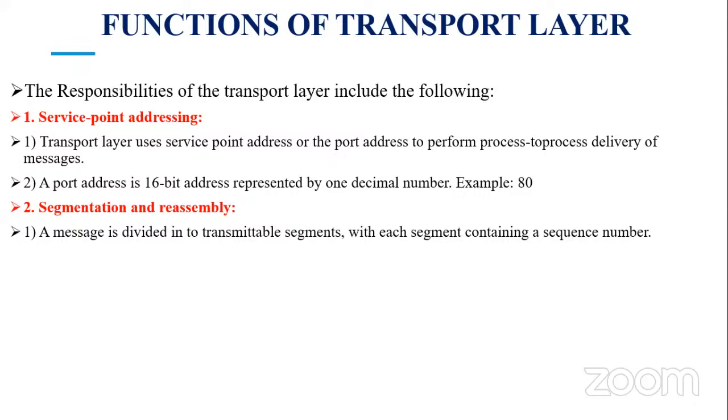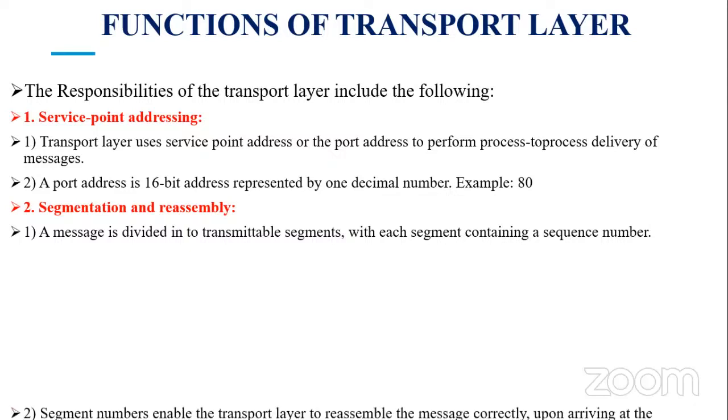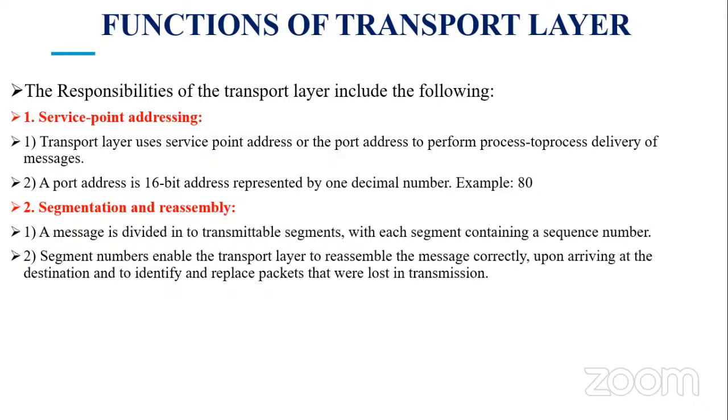A message is divided into transmittable segments, with each segment containing a sequence number. Message will be divided into various segments. That segments will have a number. Segment numbers enable the transport layer to reassemble the message correctly.